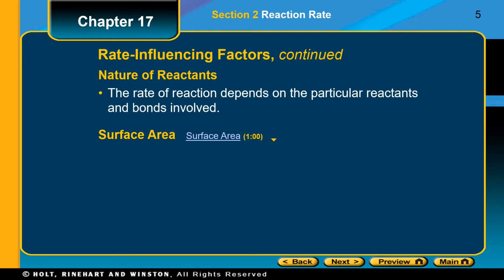So there are differences there, and the difference in the rate of the reaction is not due to the particular reactions, but the surface area. And so the surface area shows us the difference.